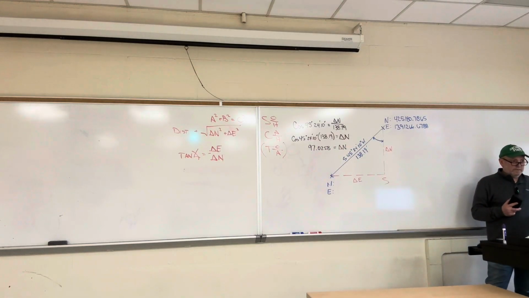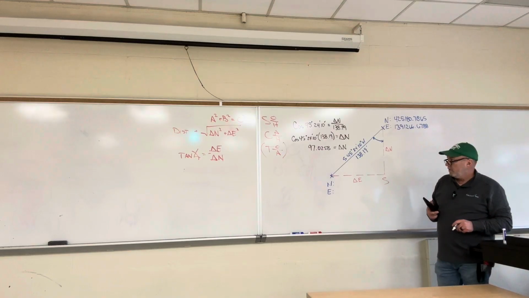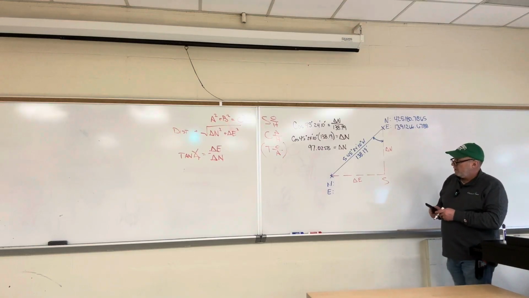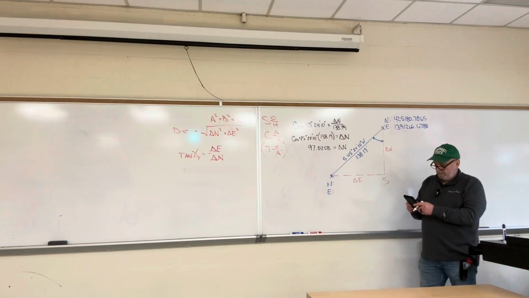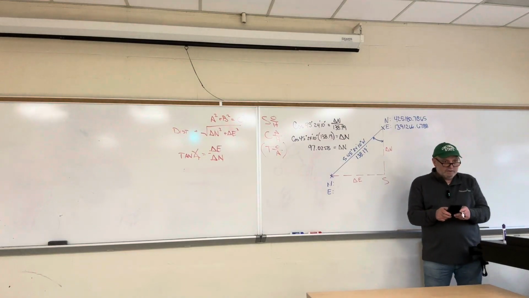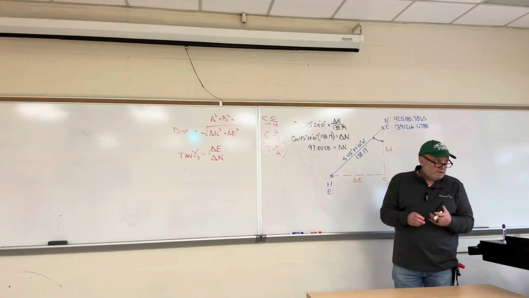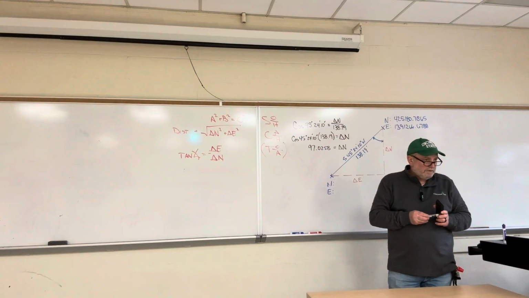Is that what everybody else got? 45, 24, 10. Convert that, take the cosine, 138.19 times, 97.0258. So I keep getting the same thing. Anybody? What else does anybody else get? Did I fat finger something?